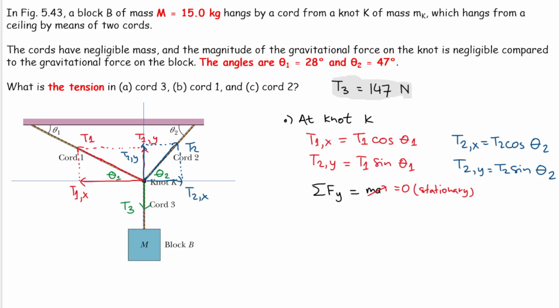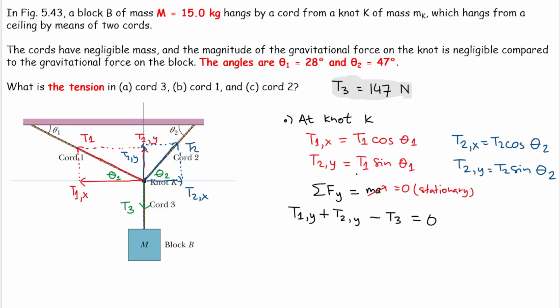On the positive direction I will have T1, Y, and also T2, Y, so plus T2, Y, and then on the negative direction I will have minus T3, and all of that will equal 0. Good. What is T1, Y?